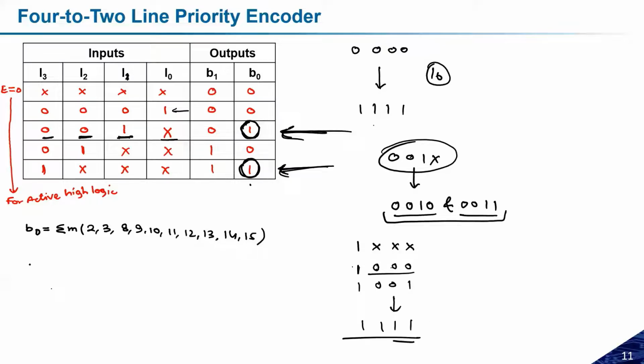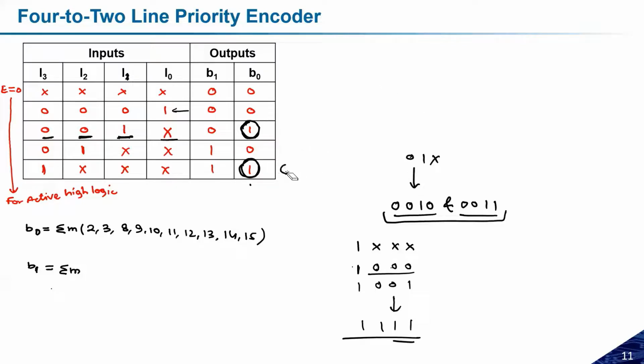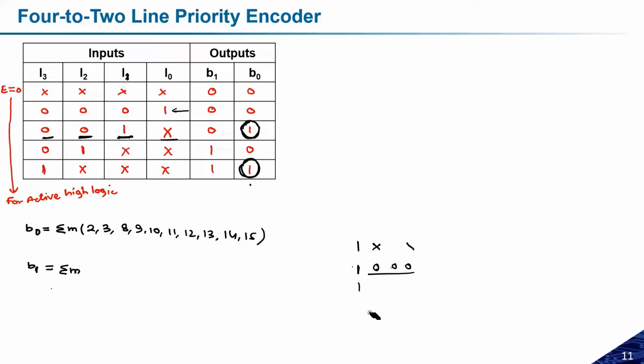Now, please tell me what are the min terms for the B1. 4 to 7, then 8 to 15. Let us try to check.